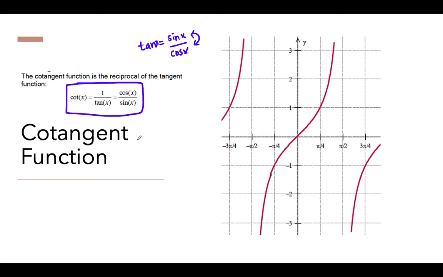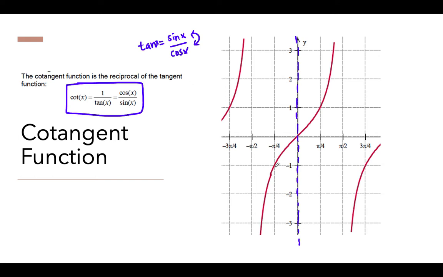So right in front of us, we are given a tangent graph. Same thing, we are going to flip, take the reciprocal of all the y values. Identify all the x-intercepts. In this case, at 0, 0, we have our vertical asymptote.